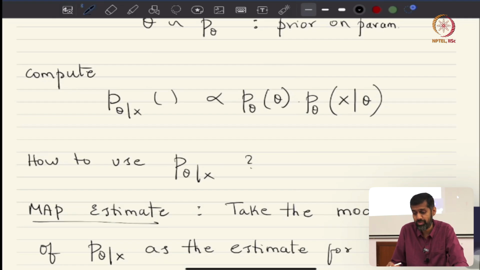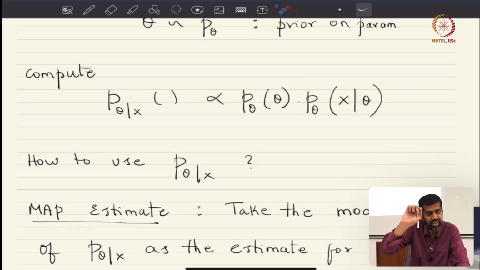This is called the MAP estimate, maximum a posteriori probability estimate. Now why is it called a MAP estimate? Do you know what mode of a distribution is? The mode of a distribution is the point at which the derivative of the density function vanishes, or the density function peaks, assuming that it is a unimodal distribution. That is why you are looking at the point at which the density function is maximum. That is why it is called a MAP estimate. So now let us take an example of doing this.